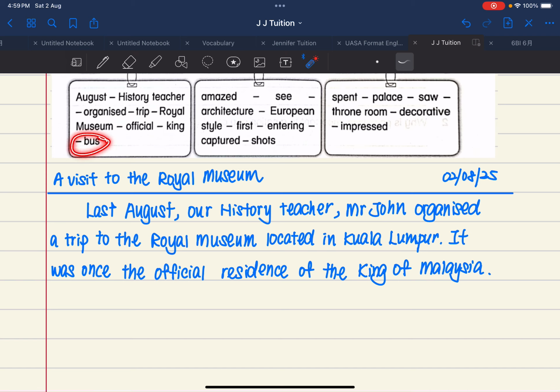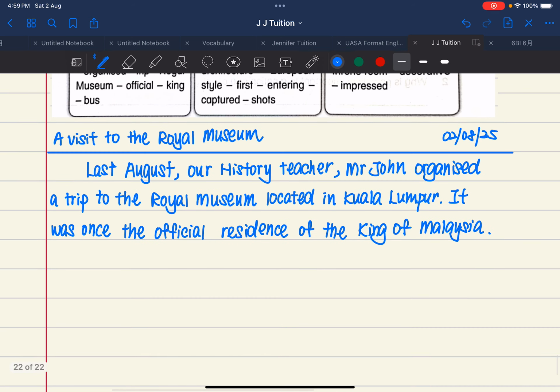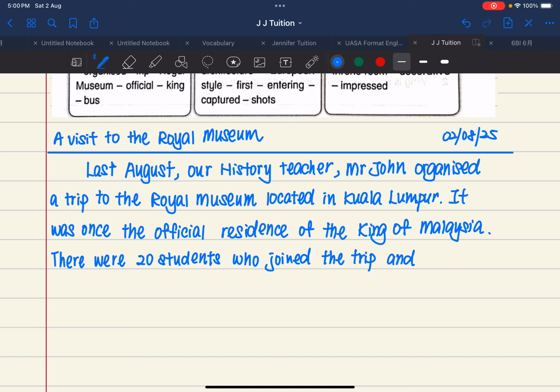So we can elaborate how many students go there, and how we go, maybe by bus. So we can write down there were maybe 20 students who joined the trip, and we went there by bus.